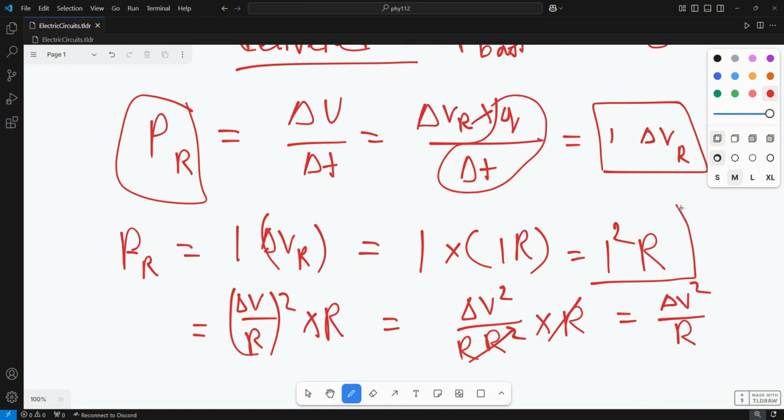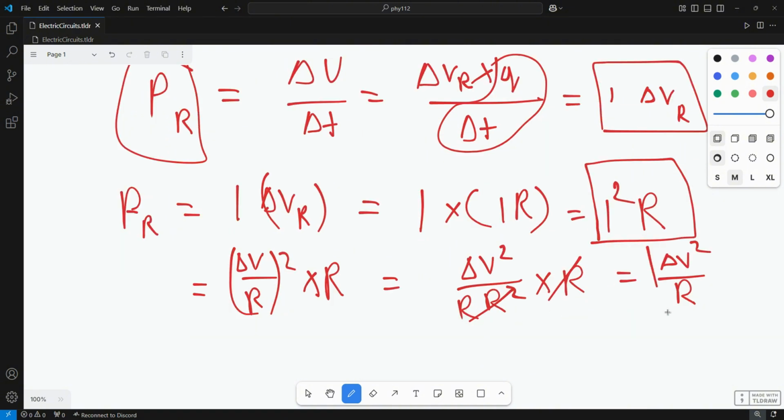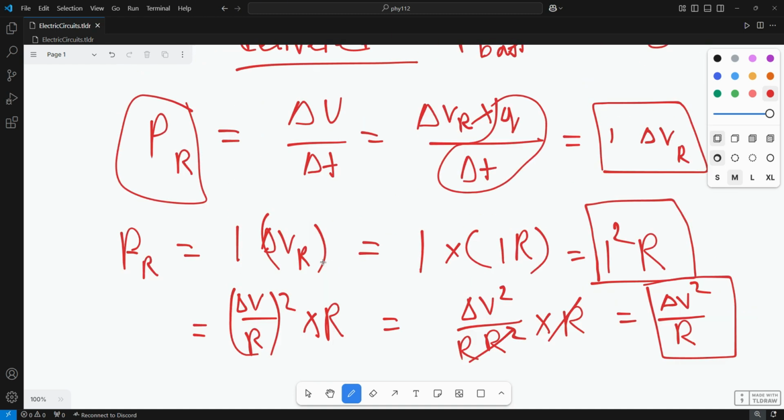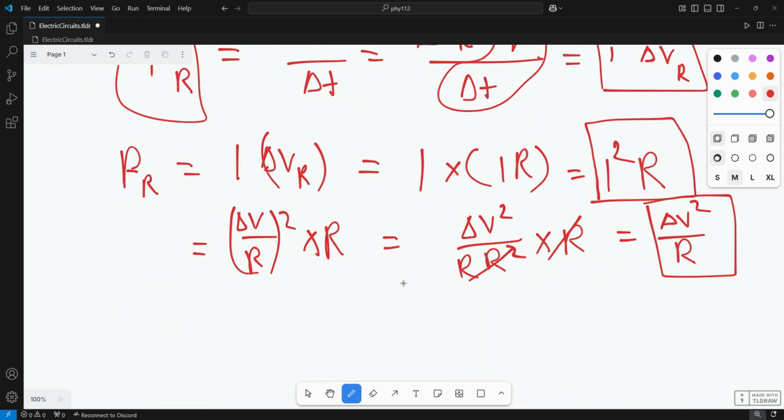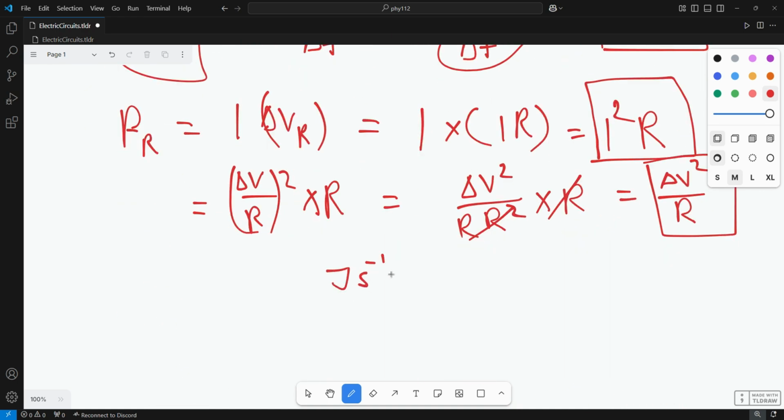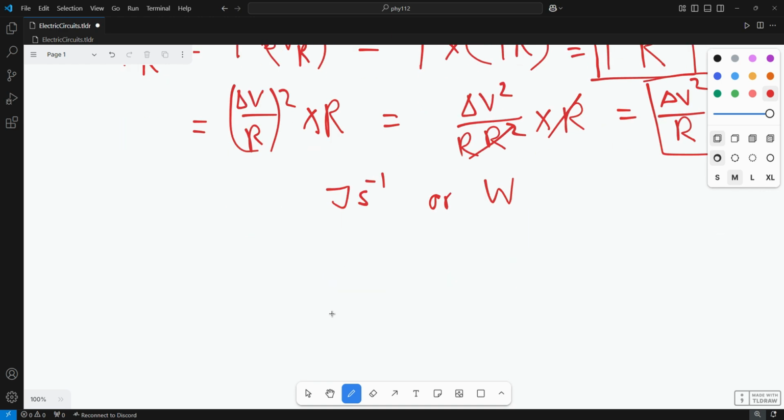We can also write it as the product of square of current and resistance. We can also write it as the square of potential difference divided by the resistance. And its unit is also joules per second or watt.